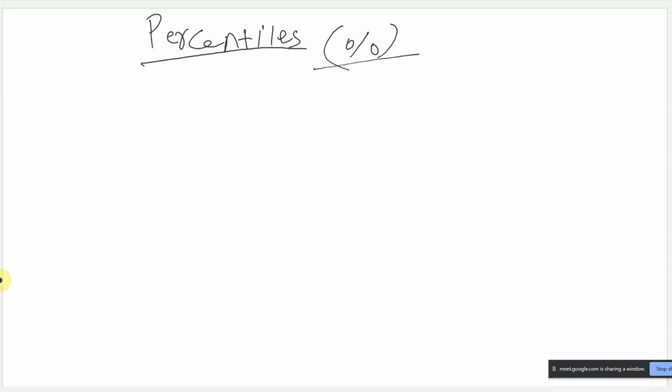Basically I will show you in exams how they ask questions based on percentiles, but in this example it's just for you to understand how to use percentiles to find information.